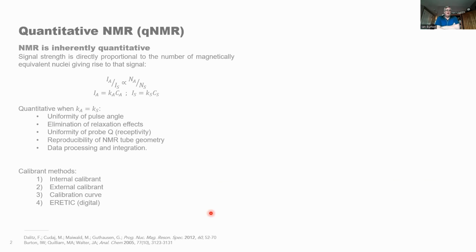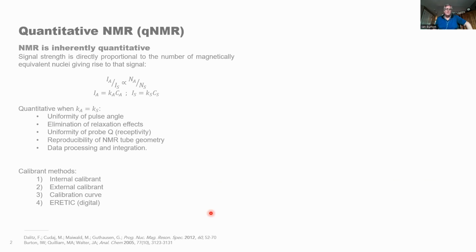So NMR is inherently quantitative, and in terms of analytical spectroscopic techniques, I think it's probably the best quantitative method, but then I'm probably preaching to the choir here with that. In essence, the signal strength is directly proportional to the number of magnetically equivalent nuclei giving rise to that signal.